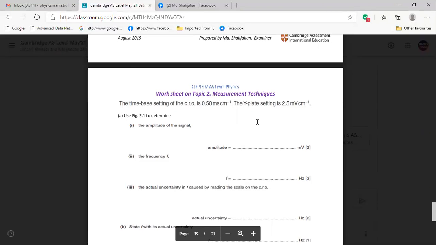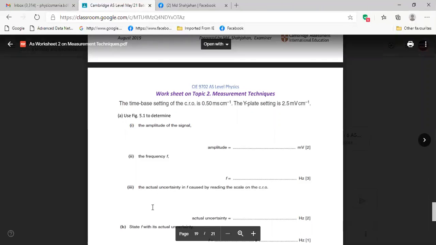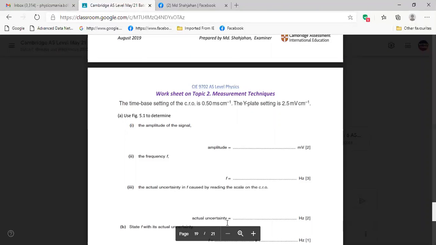No idea. We have one idea from uncertainty: if you want to get the actual uncertainty, that is del F, right?